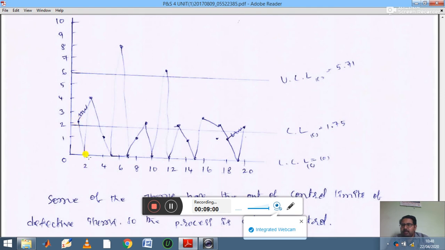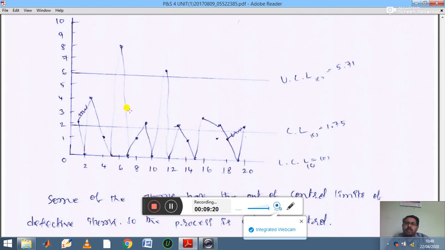Then sample number 2 is here, with C value 0. This is the second point. First point is here, second point is here. In the same way you proceed. Then you get the third point, fourth point, fifth point, sixth point.